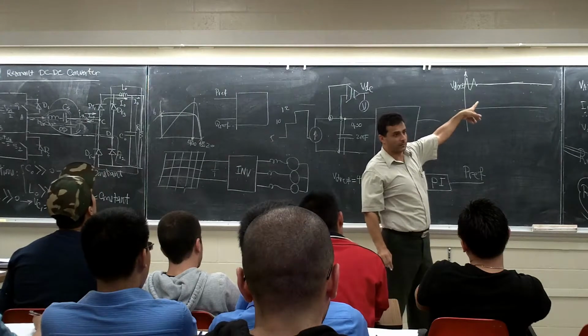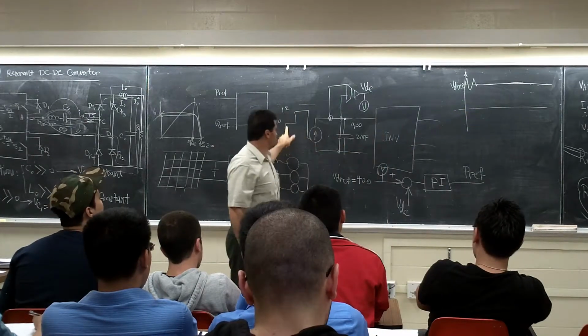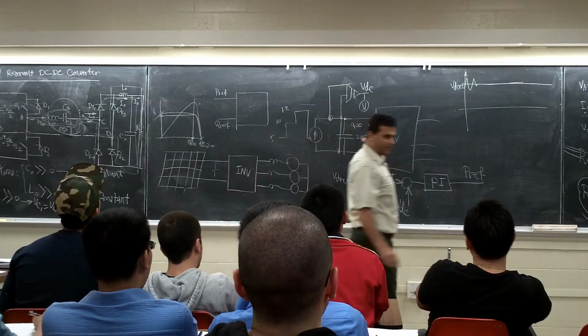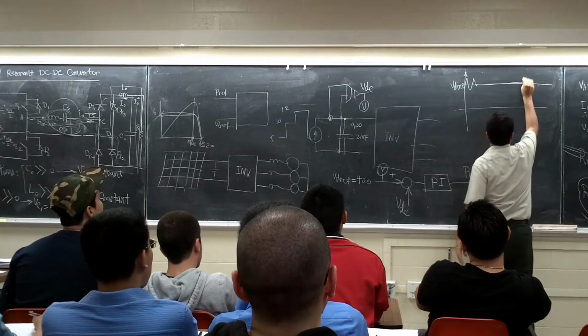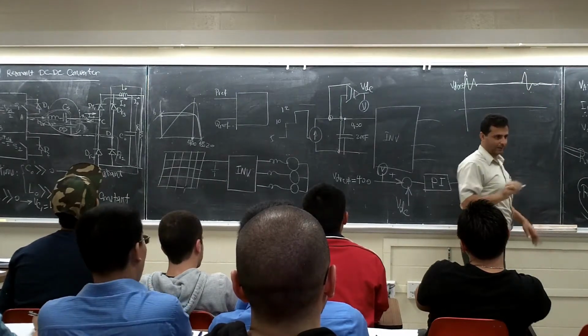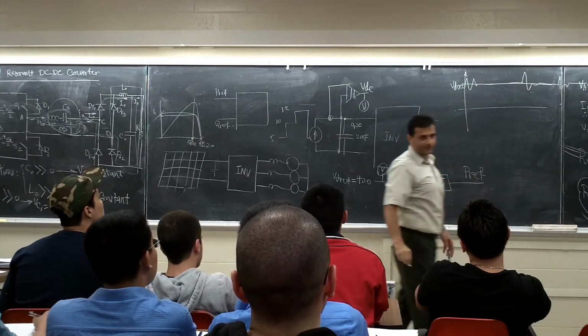If you stay at 400 volt, good. Now, you change your current, right? So what is going to happen? If the current goes up, the voltage is going to go a little bit up and again come back, right? Any change you have in the current, you see a little bit of transient here, and again this one, right?